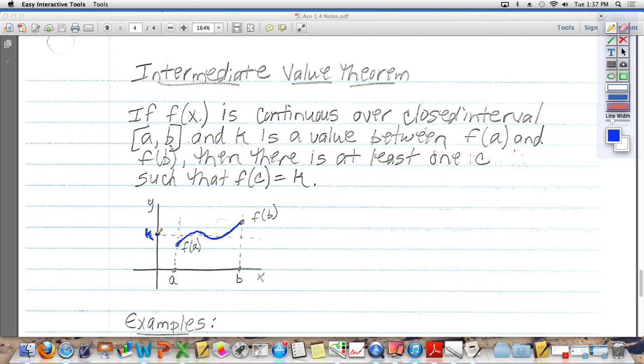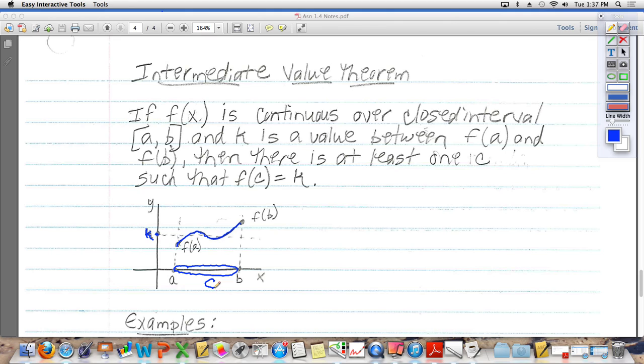And it says that there is at least one c value, meaning that that c value has to be in between the a and the b. The c has to be somewhere in here. That might be something you want to add to your notes. There's at least one c value such that when you found the value of the function at that c value, you would get the k.